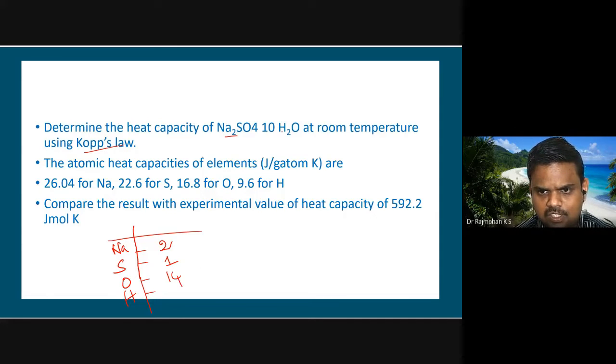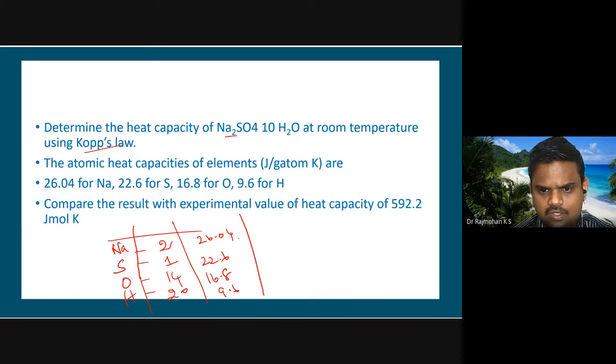Hydrogen is 20 atoms. The values are given: for Na it is 26.04, for S it is 22.6, for oxygen 16.8, for H 9.6.